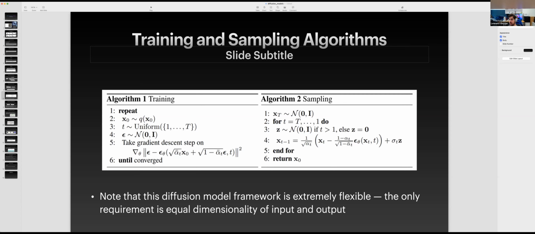The equal dimensionality doesn't apply to the conditioning data, which could be the textual description or the other data that are used to guide the model. Okay, got it. Thank you.